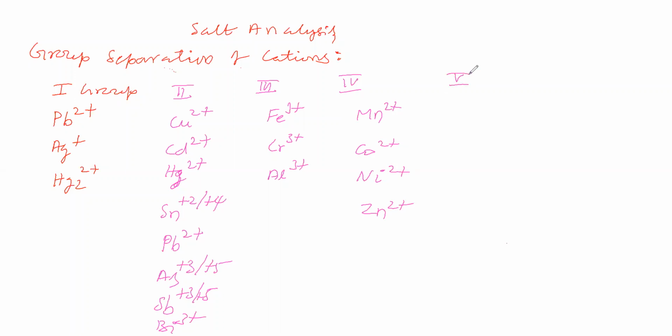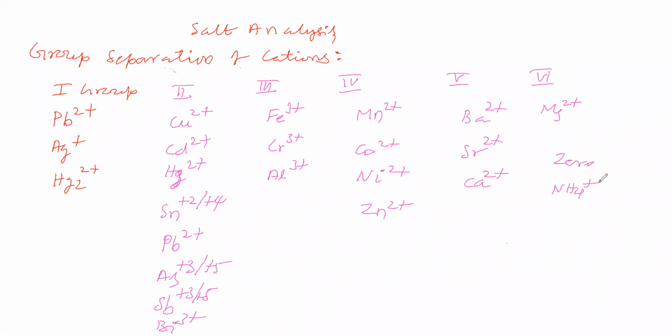Group number 5, we will take the second group elements of the periodic table: beryllium, magnesium, calcium, strontium, barium. Since they come under periodic table group 2, the oxidation number is +2. It is group 5. Then group 6 is magnesium. Then group 0 is ammonium.